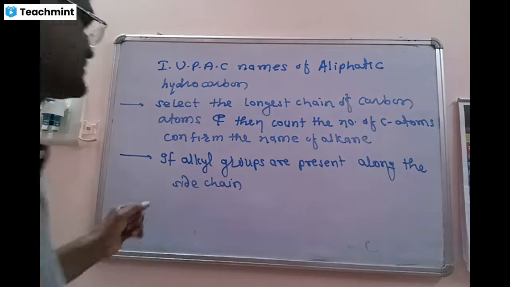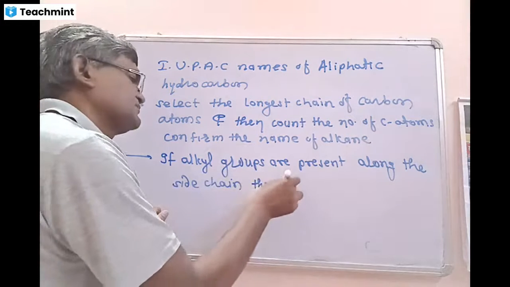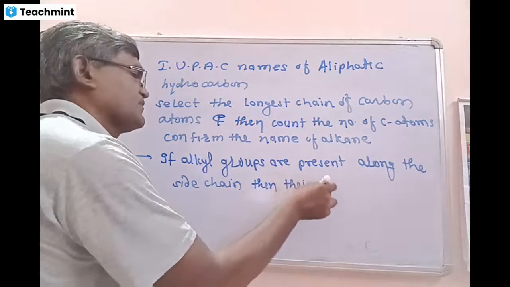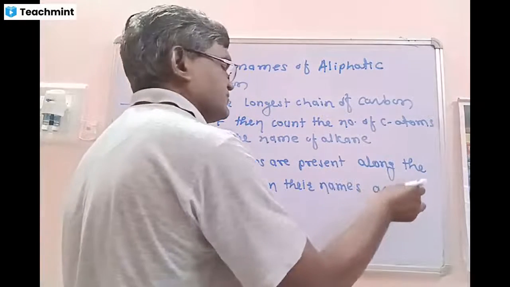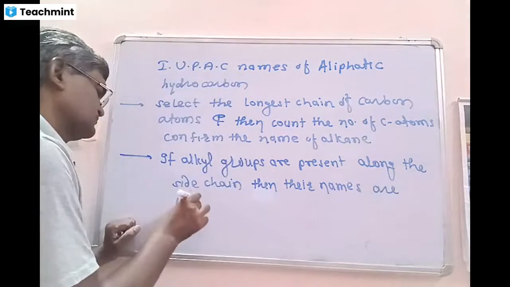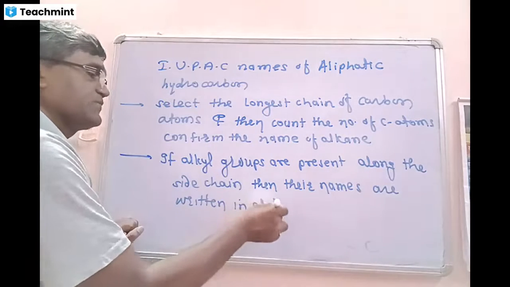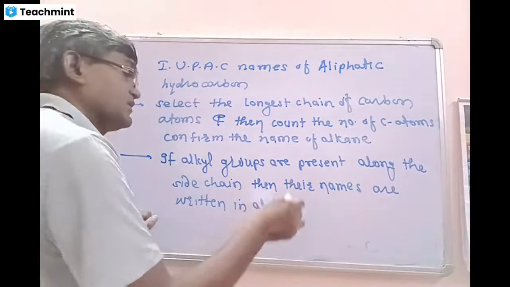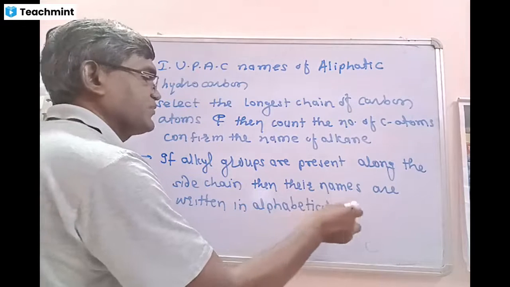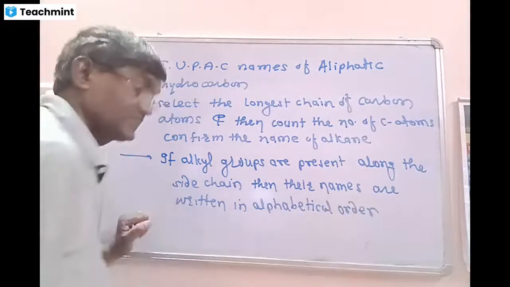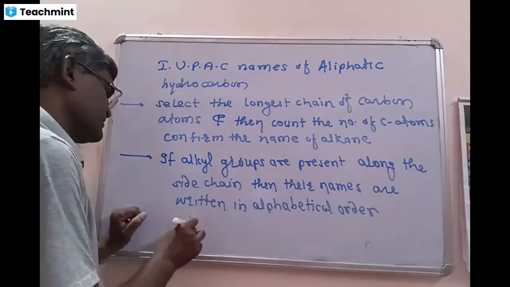So in that case, if the alkyl groups are present along the side chain, then their names are written in alphabetical order before the name of alkane.